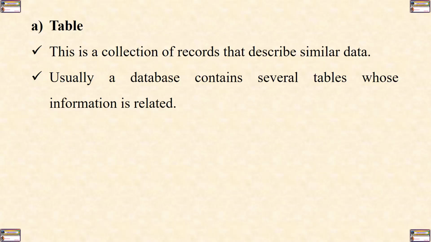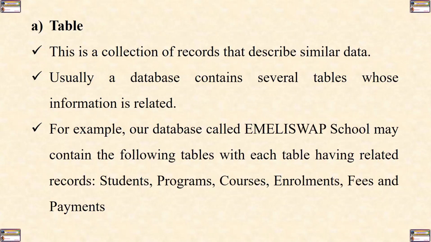Usually, a database contains several tables whose information is related, and an example of such in a MediSwap School is a table like students. Now, if you open any of these tables, you are going to find certain information in that table. And therefore, a table contains certain records.